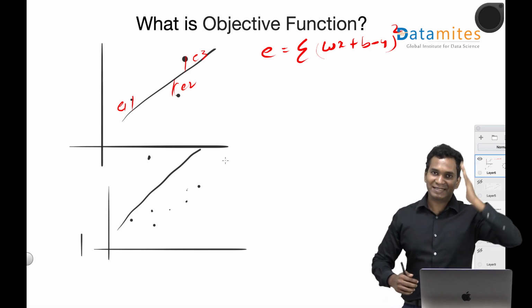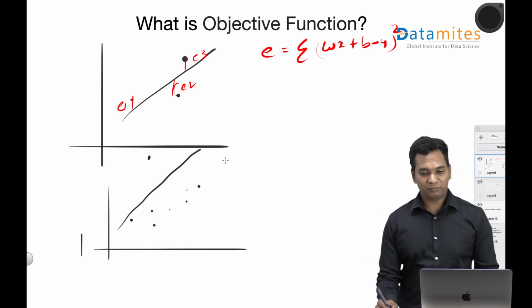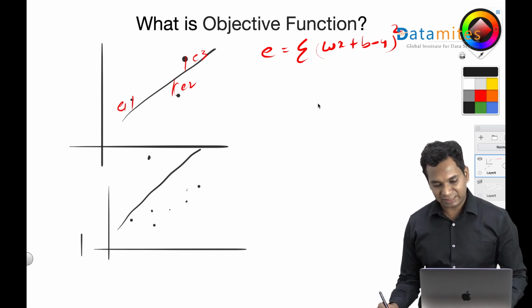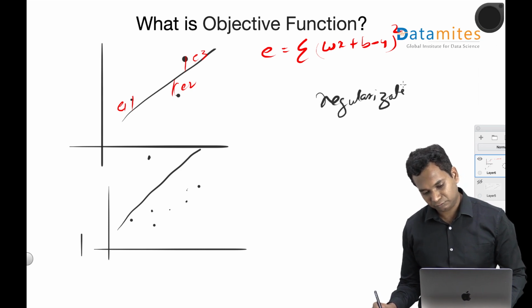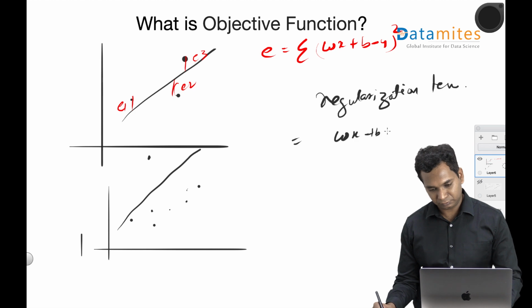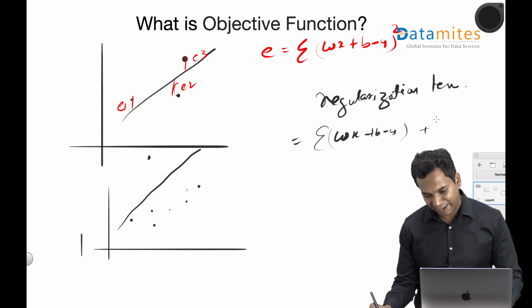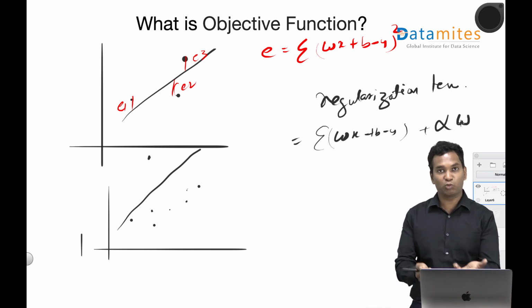If you want to control this slope, you want to actually control the line, you can add one more term. That's what we call a regularization term. So I'm going to add another term, which is lambda, let's say I'll call this alpha, alpha into w, where w is still the same, slope or weight.